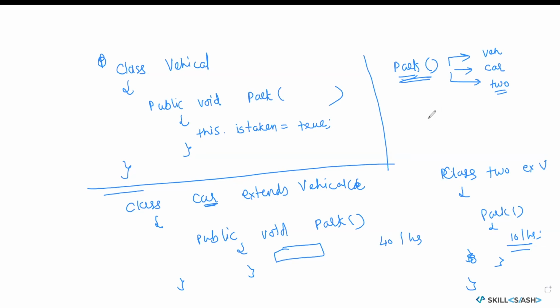But when a class or function can use such different forms, it is called polymorphism. Why? In Greek, poly means many and morph means forms.